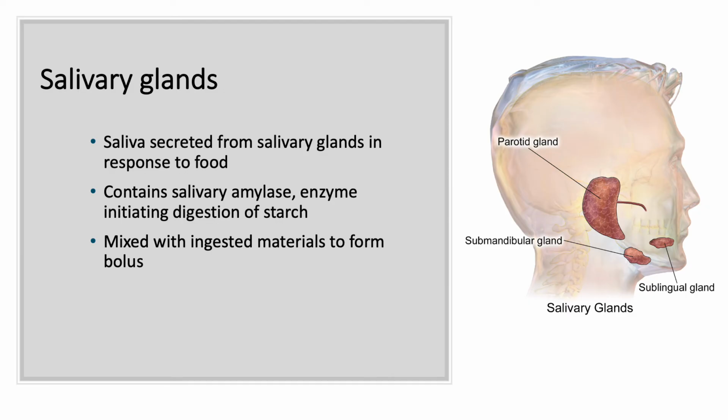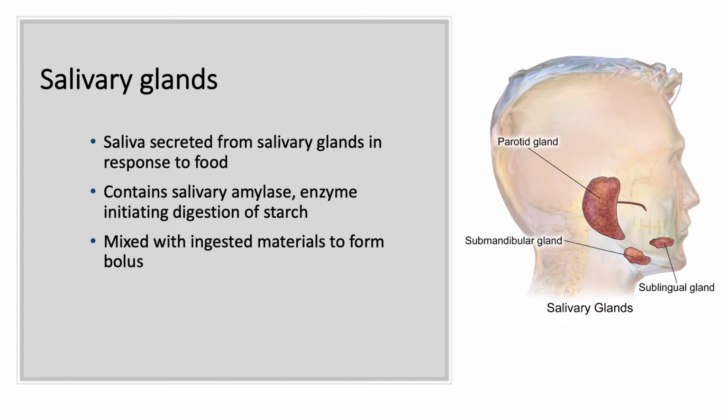In response to food entering the oral cavity, saliva is going to be secreted from the salivary glands. That saliva is going to be mixed with the ingested materials to form a bolus. So saliva plus ingested food equals a bolus.